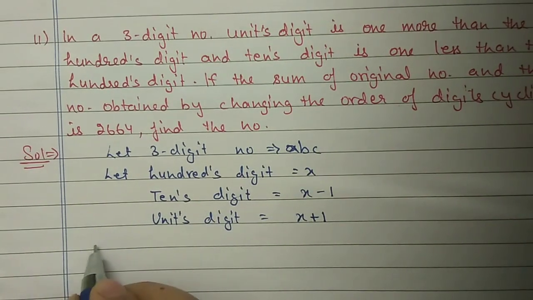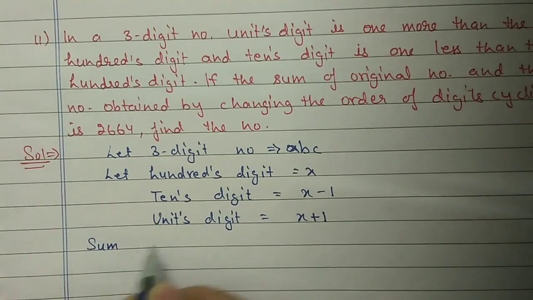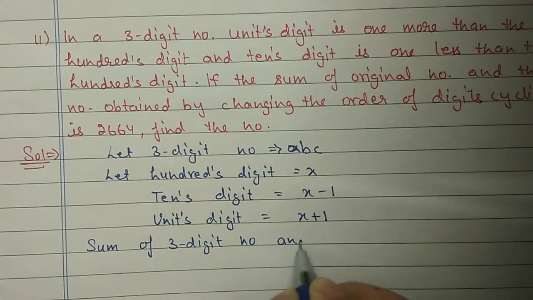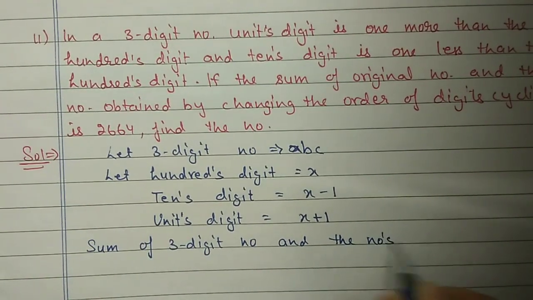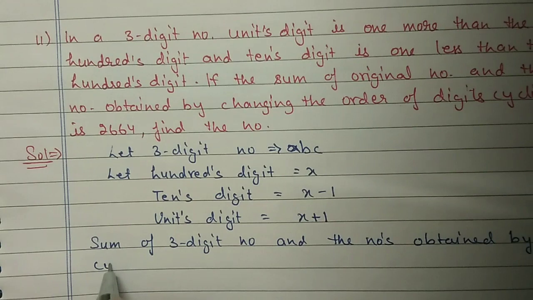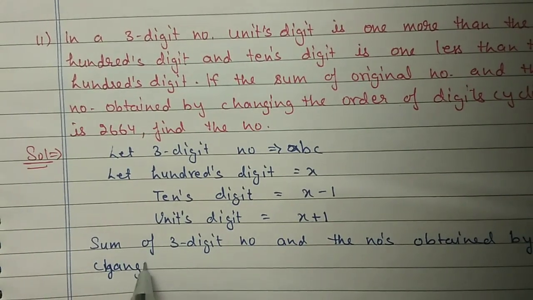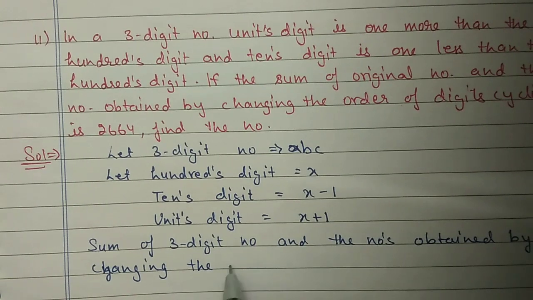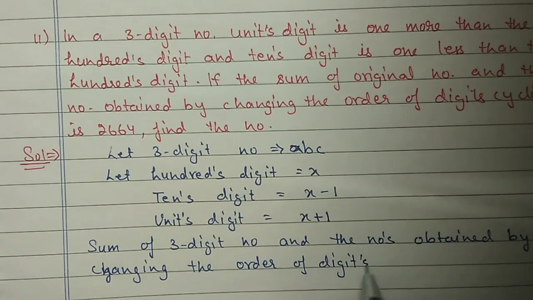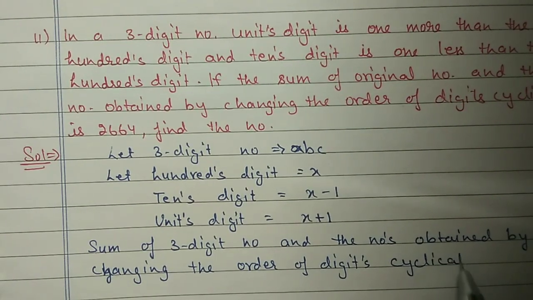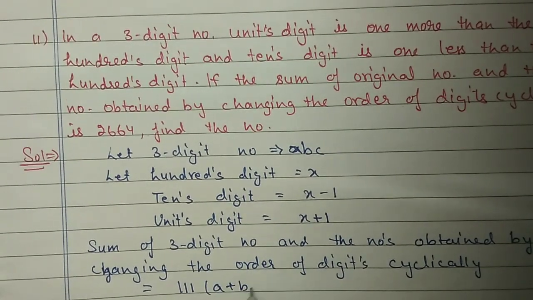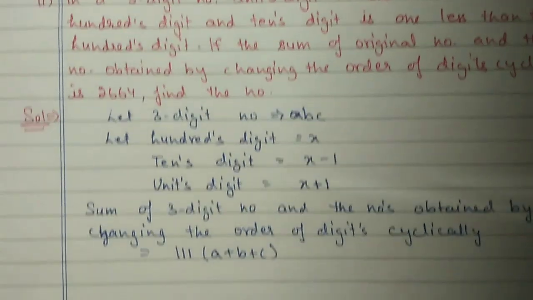By the property of numbers, the sum of a 3-digit number and the numbers obtained by changing the order of digits cyclically is equal to 111 times (A plus B plus C), and they have given this is equal to 2664.